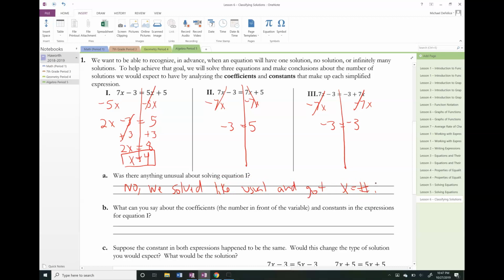That's what normally happens. And then it's asking, what can you say about the coefficients and constants in the expression from equation 1? Well, the coefficients are the numbers in front of the variables. I see a coefficient of 7 and a coefficient of 5, and they're different.